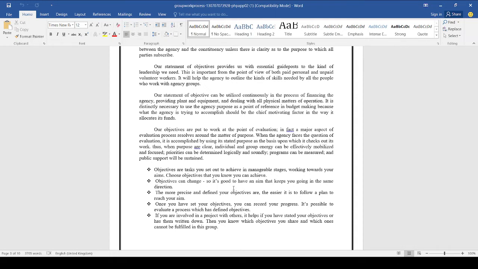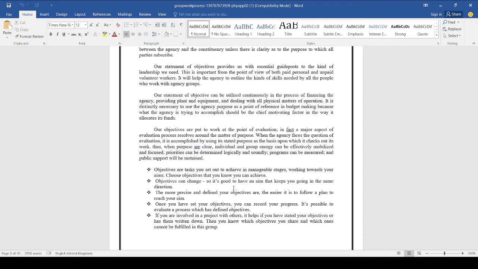You should go in the same direction to achieve your goal. And group work objectives should be more precise and more defined. The more precise and more defined your objectives are, the more easily we can achieve our aim.